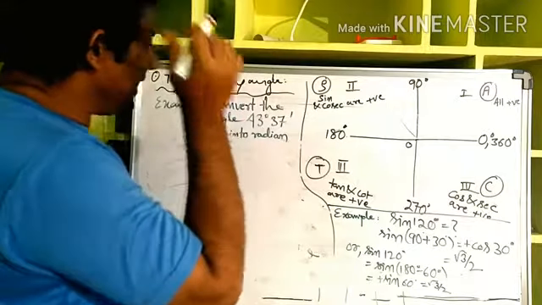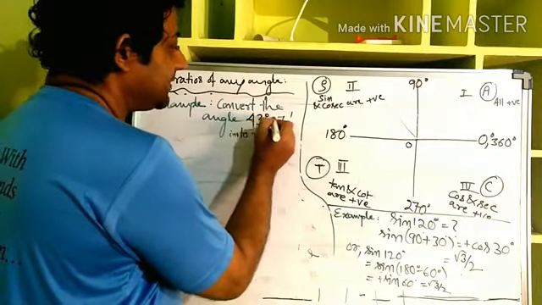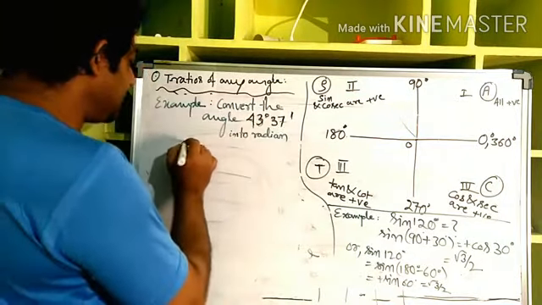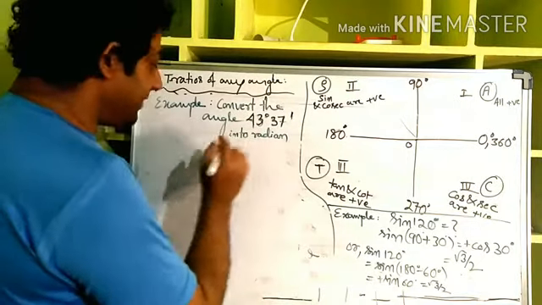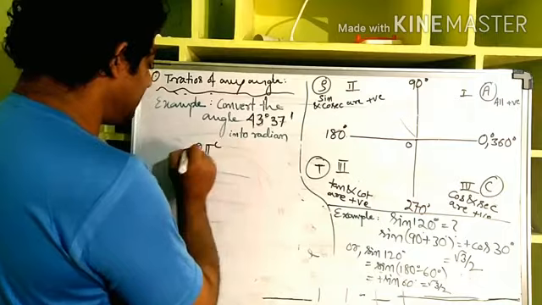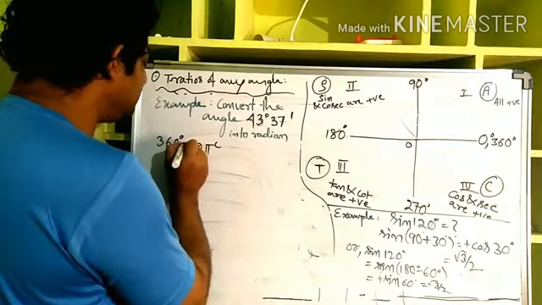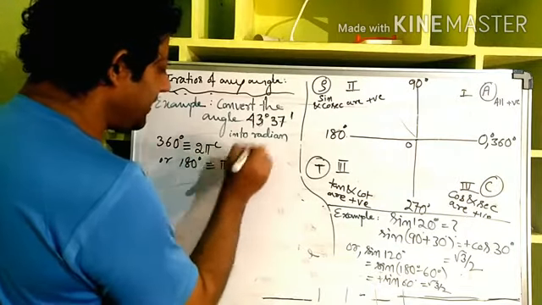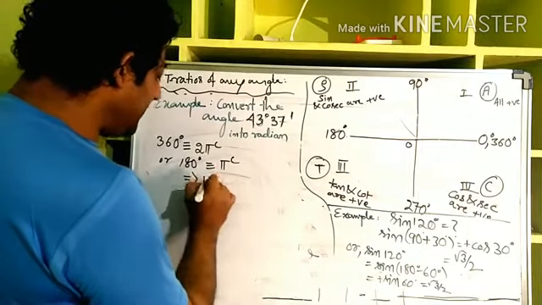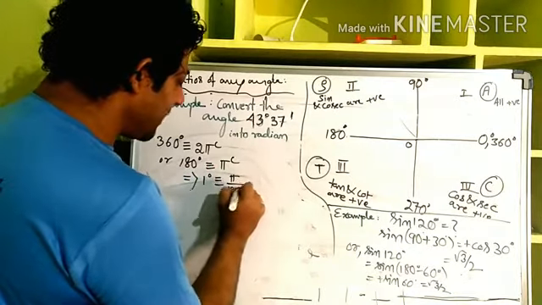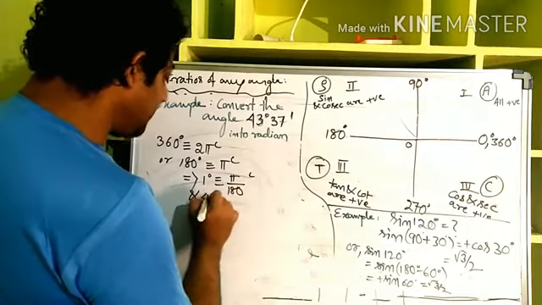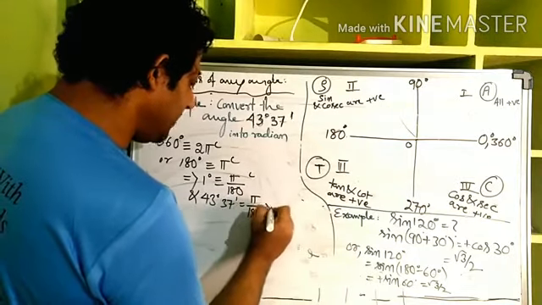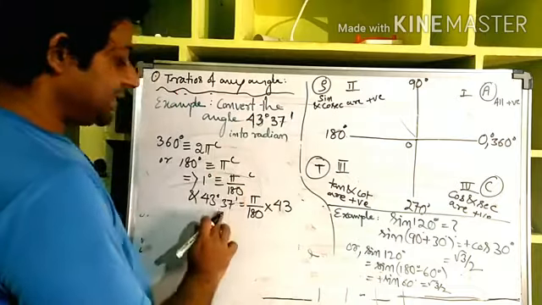This question says, convert the angle 43 degrees 37 minutes into radians. Now we know the relationship between degrees and radians: 360 degrees is equivalent to 2 pi radians, or 180 degrees is equivalent to pi radians. Implies that 1 degree is equivalent to pi by 180 radians, and 43 degrees 37 minutes is equal to pi by 180 multiplied by 43 degrees and 37 minutes.